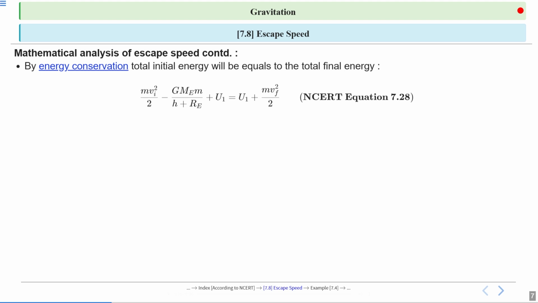Notice how the kinetic energy and gravitational potential energy terms are balanced. This equation is important for understanding how energy is conserved as an object moves away from Earth.